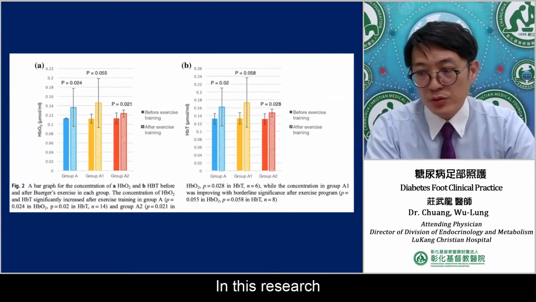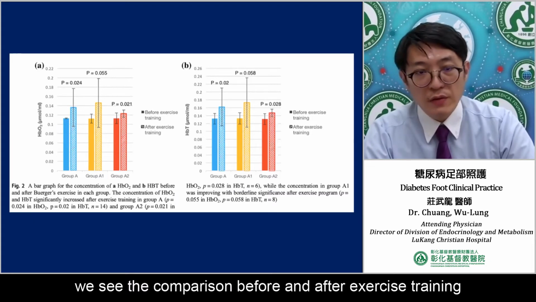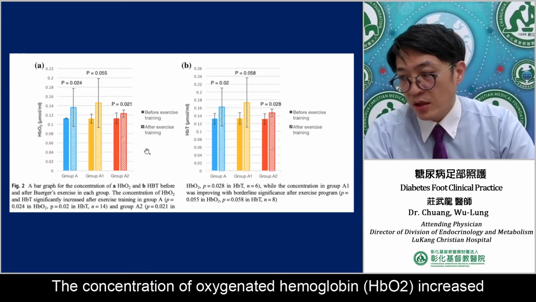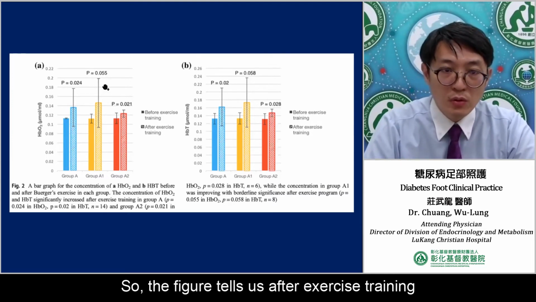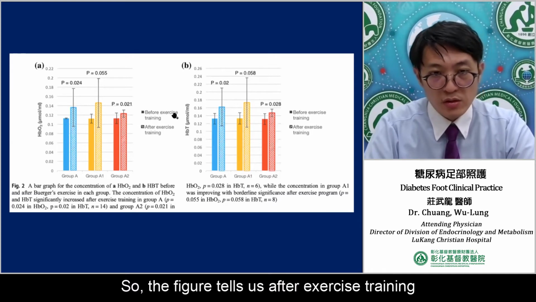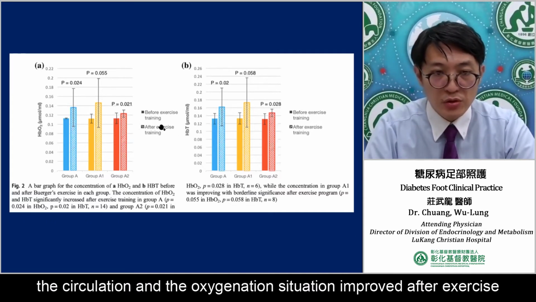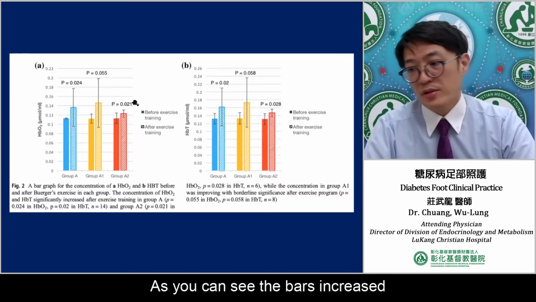In this research, comparing before and after exercise training, the concentration of oxygenated hemoglobin increased. So the figure tells us that after exercise training, the circulation and oxygenation situation improve. As you see, the bar increases.